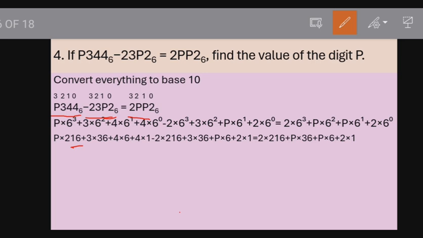Equals 2 times 6 raised to power 3, which is 216, plus P times 6 raised to power 2, which is going to give us P times 36, because 6 raised to power 2 means 6 times 6, which is 36, plus P times 6 raised to power 1. 6 raised to power 1 is going to give us 6. So that's why we have P times 6, plus 2 times 6 raised to power 0, which is going to give us 1. That's why we have 2 times 1.